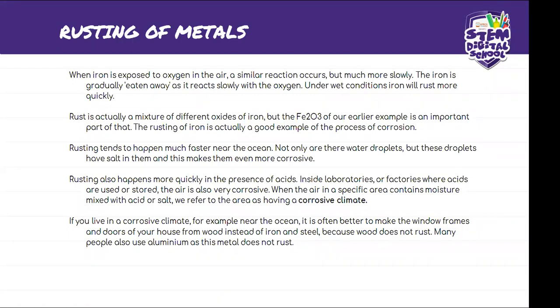So rusting tends to happen much faster near the ocean. Not only are there water droplets, but these droplets have salt in them. And this makes them even more corrosive. So if you have your house or your buildings next to the ocean or by the sea, the moisture content is high there.